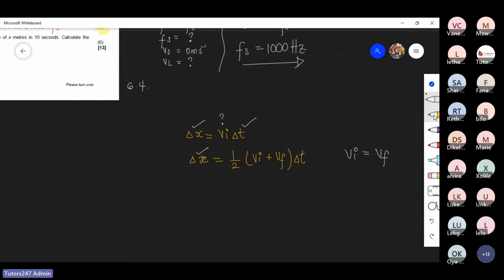So if we were to further continue this last equation, we would have delta x equals 1 over 2 (V plus V) delta t. We know that V plus V means 2V. So 2V delta t. That then will become a half times 2 becomes V times delta t. So if you notice, the last two equations are exactly the same based on the fact that velocity is constant, meaning acceleration is 0.